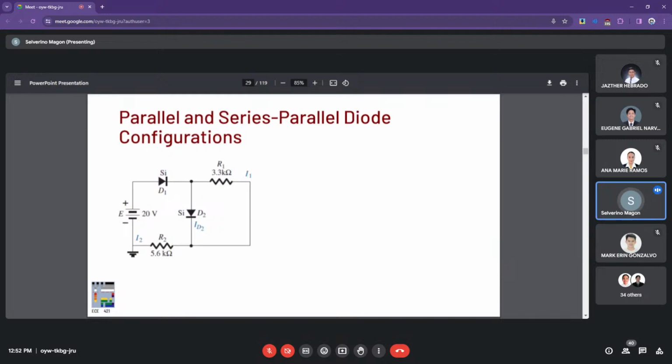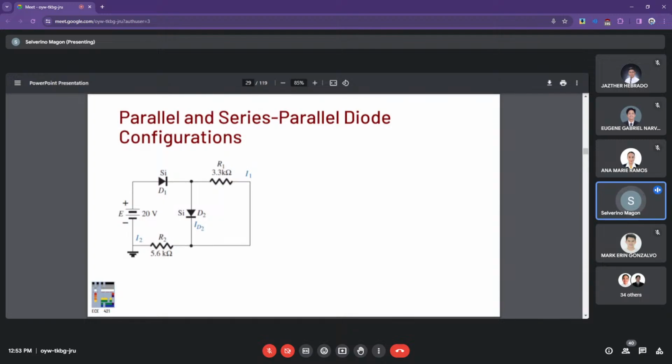at 0.2 milliamps, then simple KCL will give us the value of current ID2. So that's the current through the second diode. ID2 is just I2 minus I1, no?